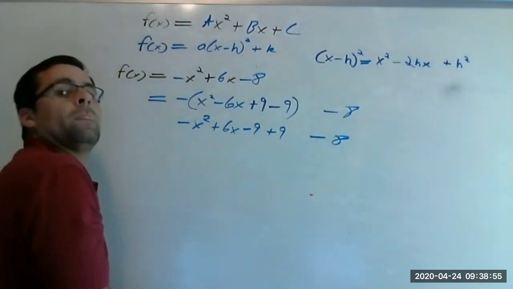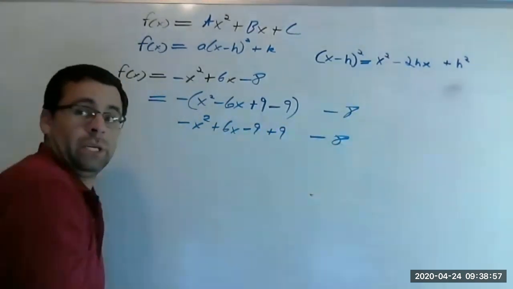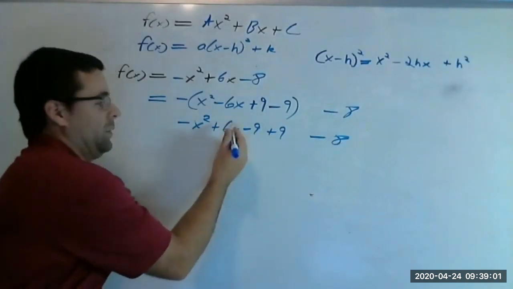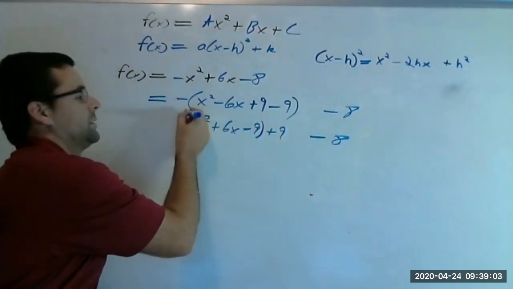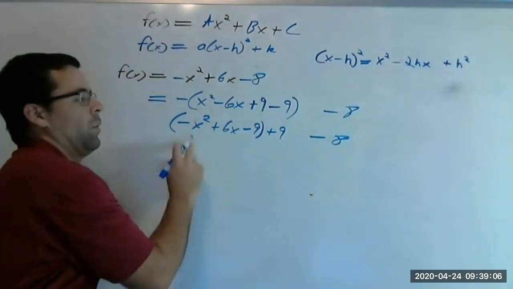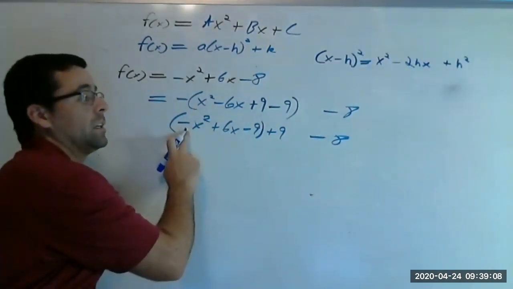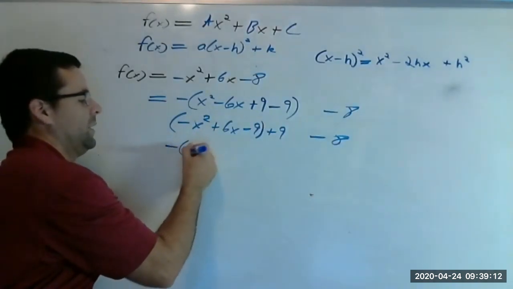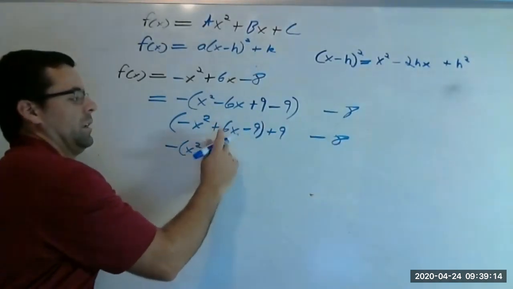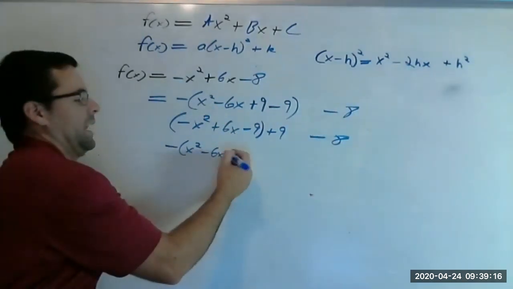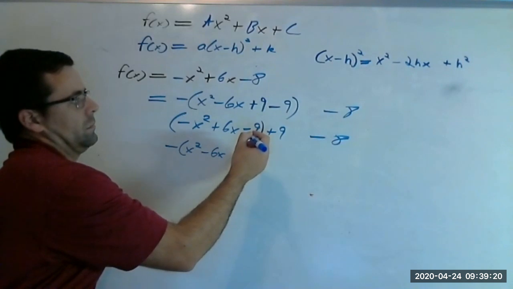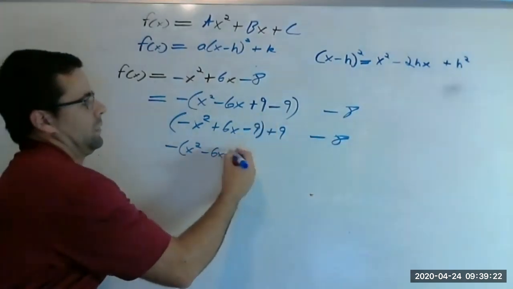Essentially what we're doing is this, and then saying, all right, now in parentheses we just want these guys. And what happens if you take a negative out of here? It's negative x squared minus 6x, did I do those backwards?